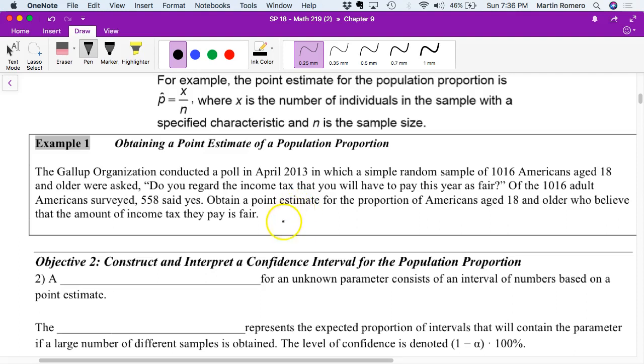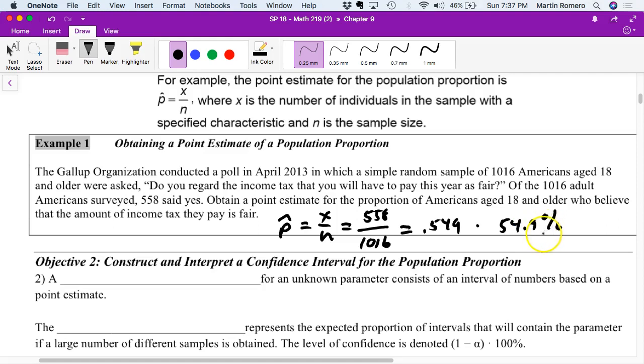So with that survey, they've obtained a point estimate for the proportion of people in the population who think their tax was fair, and that would be 558 divided by 1016. And then rounding that to 3 decimal places, you get 0.549, or we would say 54.9%.